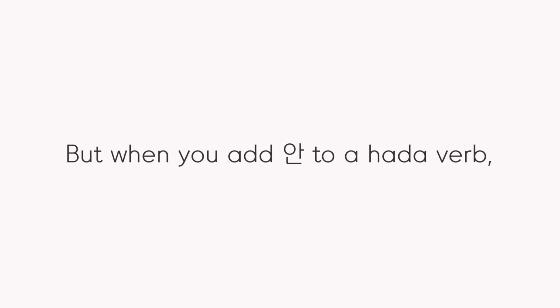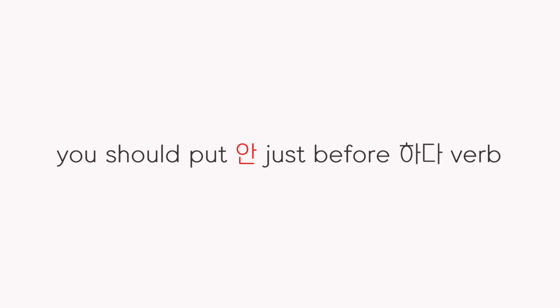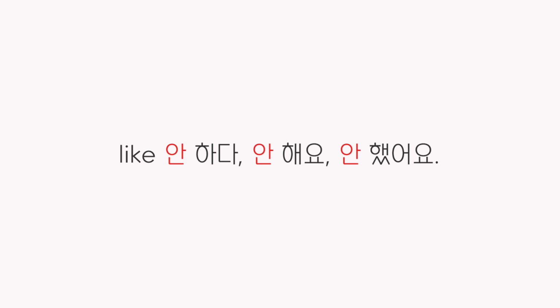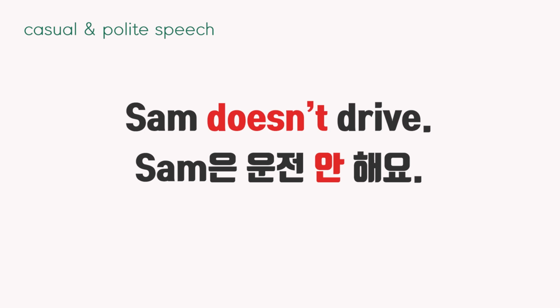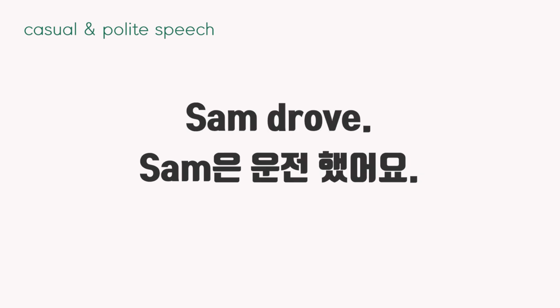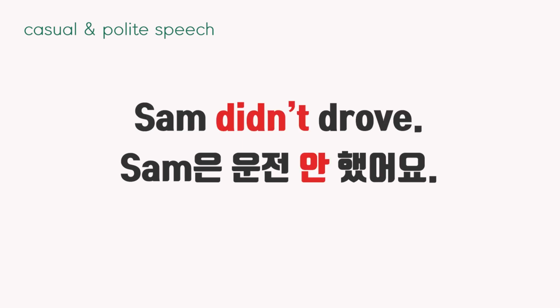But when you add 안 to a 하다 verb, you should put 안 just before 하다, like 안 하다, 안 해요, or 안 했어요. 쌤은 운전해요. 쌤은 운전 안 해요. 쌤은 운전했어요. 쌤은 운전 안 했어요.